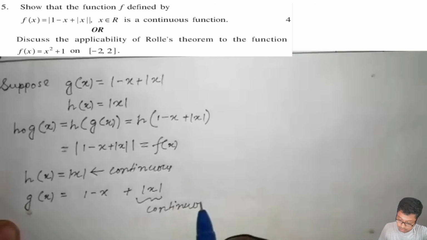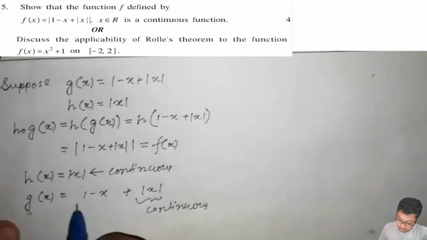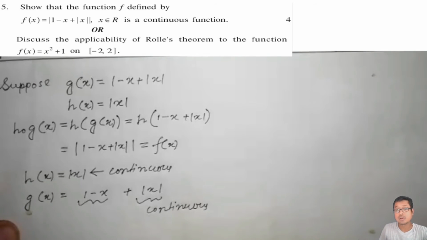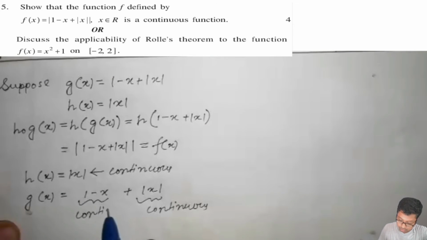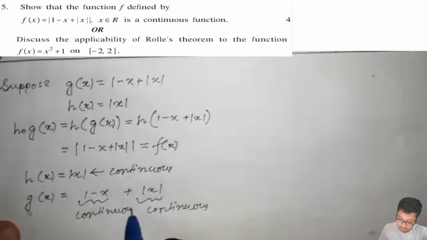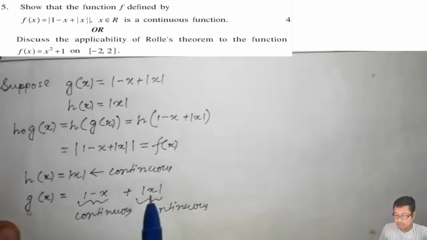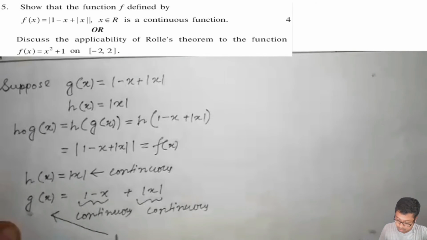Okay, we have already seen here. Now this one, you see, this is a polynomial function, and every polynomial function is continuous in R, so this is also continuous. Okay, now the sum of two continuous functions is again continuous, so we can say g of x is continuous.